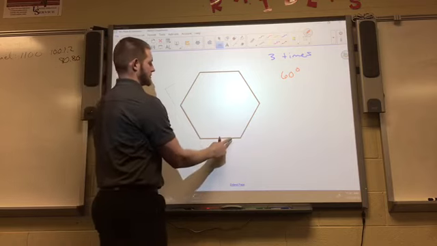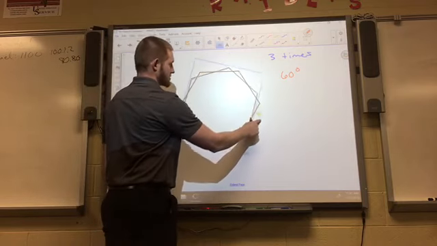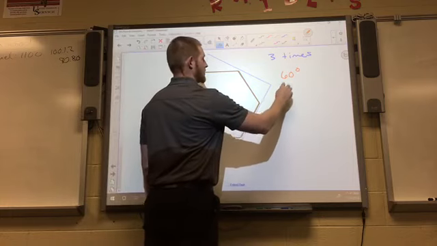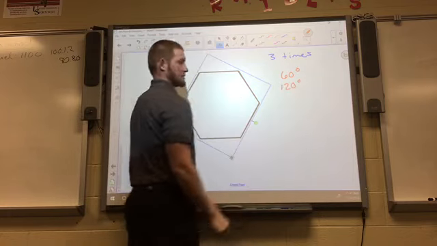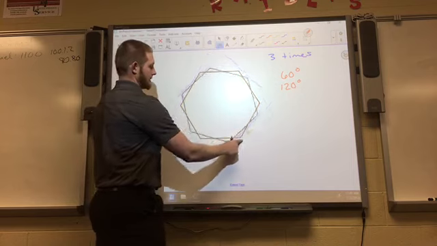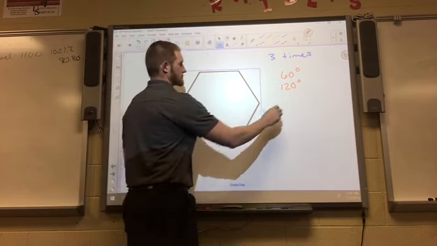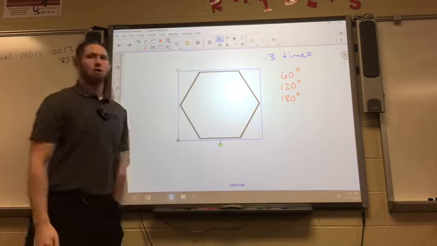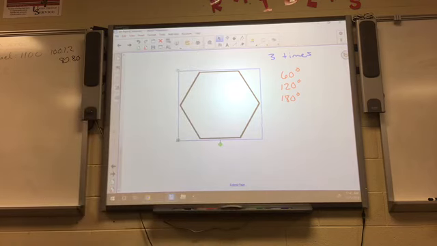If I rotate it another 60, that's 120, which puts me at another one. And then my final 60 would be at 180. So on your quiz tomorrow, if you happen to get a hexagon, you would mark the boxes that have 60 degrees, 120 degrees, and 180.